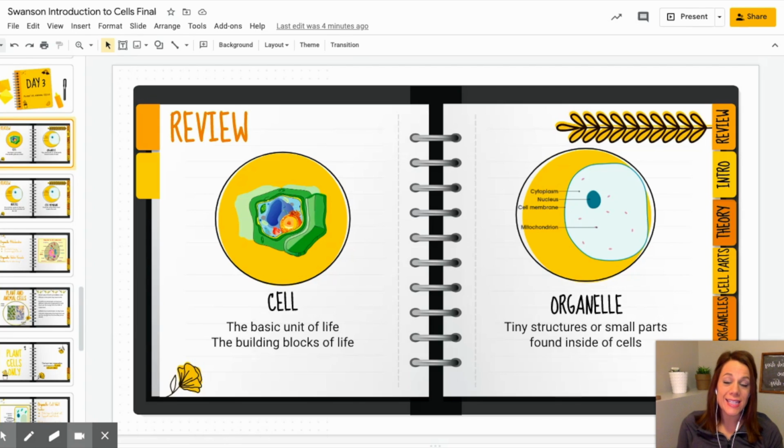And then again, inside of a cell are tiny little parts called organelles, kind of like organs in your body. And yesterday, I went over most of the organelles that are found inside of a cell. So we're going to just go through some of the main ones here that you absolutely have to know.